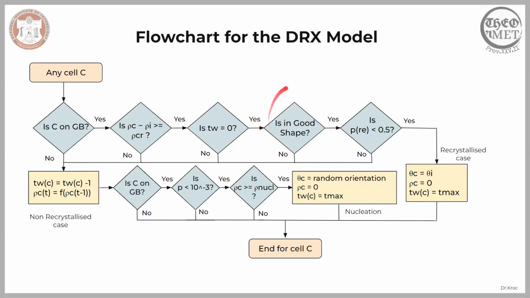So these criteria are checked, and we introduce a probability factor of 0.5. The reason behind introducing this is to protect the shape of the grain so that it resembles the one we observe in real life.